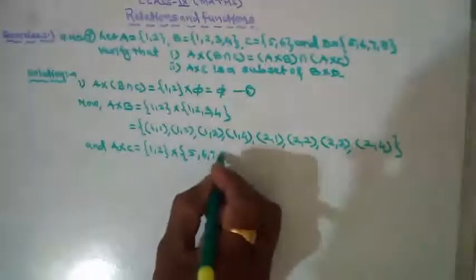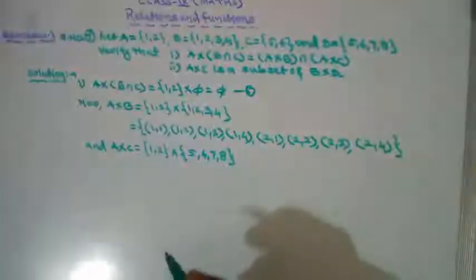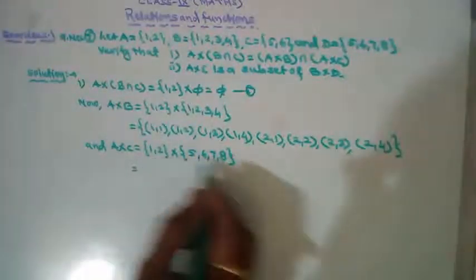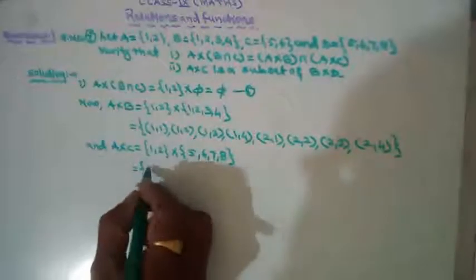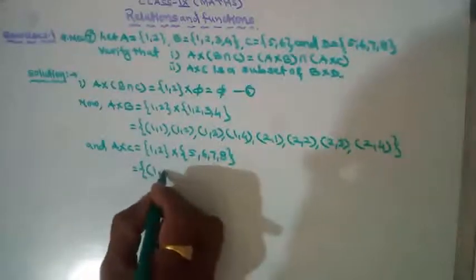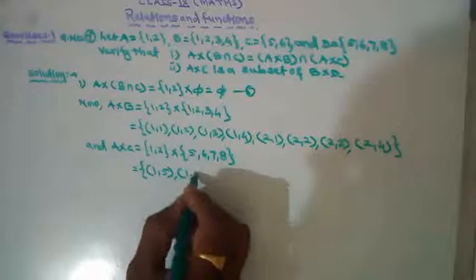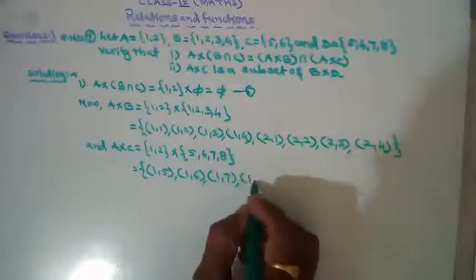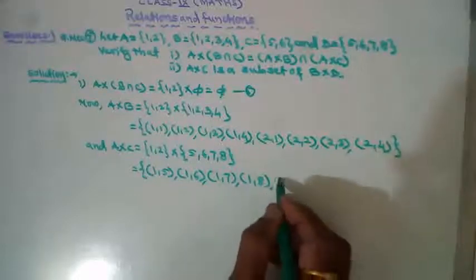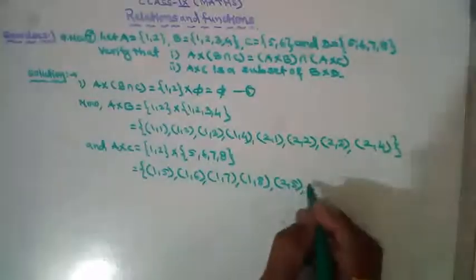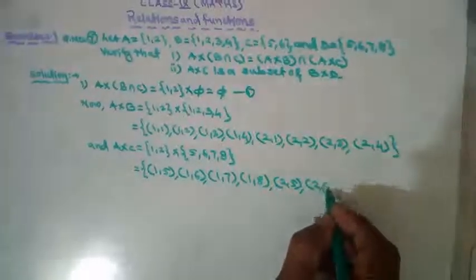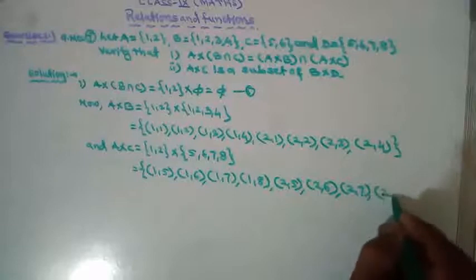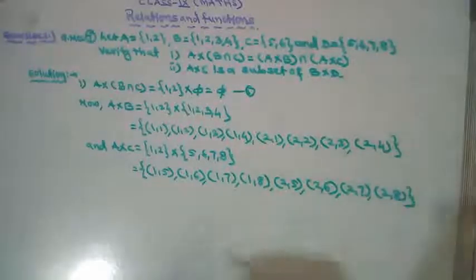This is the set C. Therefore A cross C will be the set of ordered pairs (1,5), (1,6), (1,7), (1,8), then (2,5), (2,6), (2,7) and (2,8).